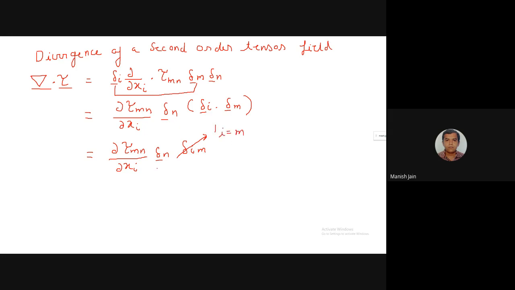So here I am replacing i with m, and you will get del tau mn divided by del xm, del n. This is a first order tensor quantity, or a vector quantity.